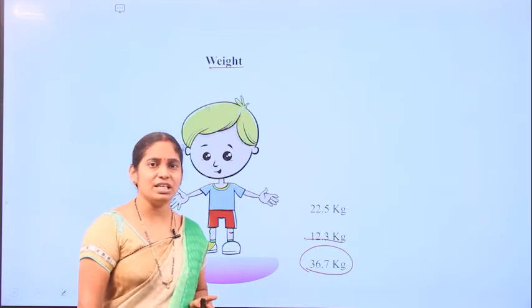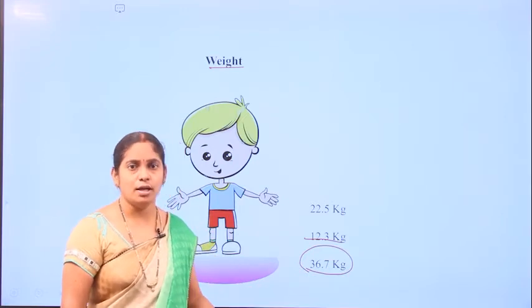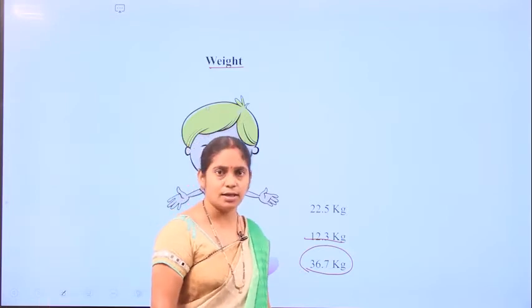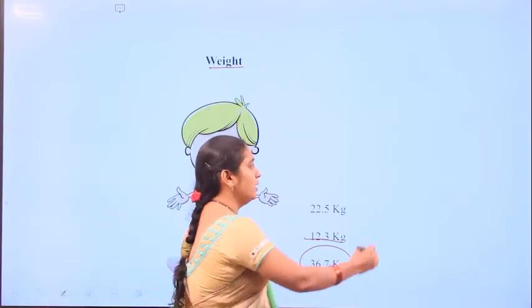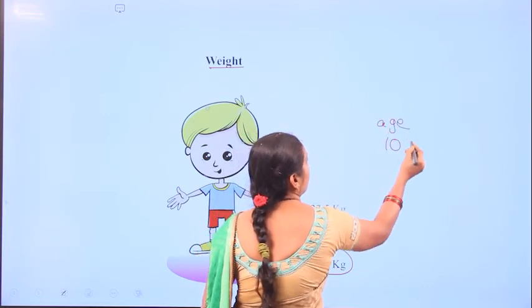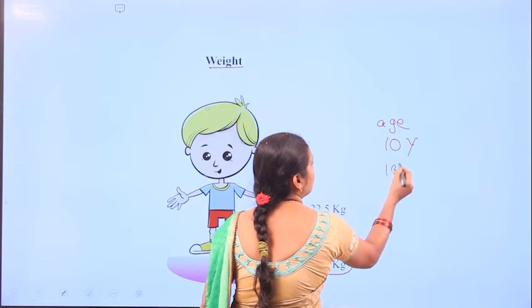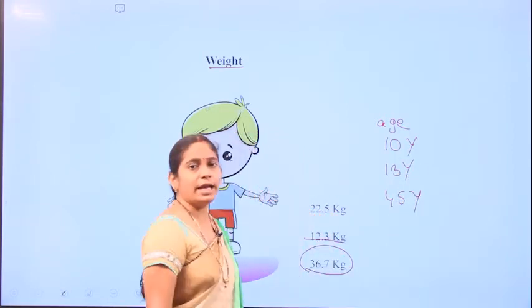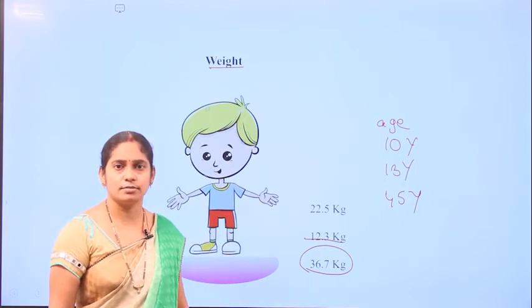If you observe the difference between the previous one and this one, in the previous example we considered the age of a person. How will it be? 10 years, 13 years, 45 years, likewise we will represent the age.